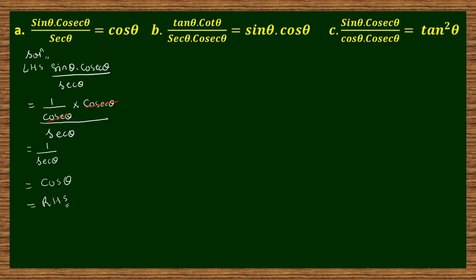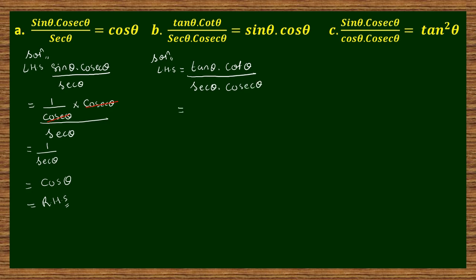theta. So again this question is very simple. Let's solve it by LHS. It's given that tan theta multiplied by cot theta divided by sec theta multiplied by cosec theta.